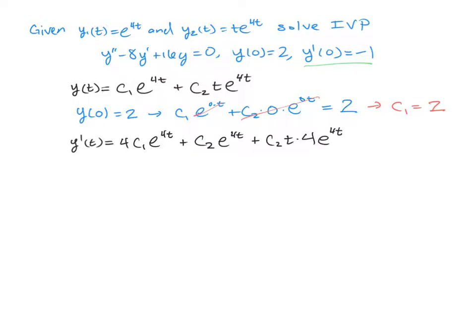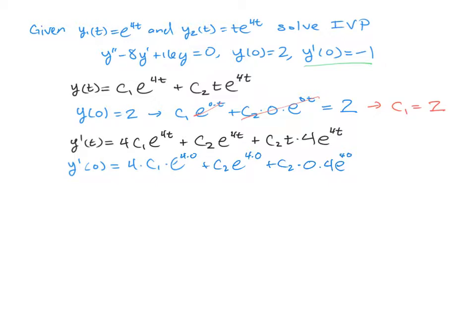So that's our derivative there, and now once again we need to evaluate it at 0. So y prime of 0 is equal to 4 times C1 times e to the 4 times 0 plus C2 e to the 4 times 0 plus C2 times 0 times 4 times e to the 0.